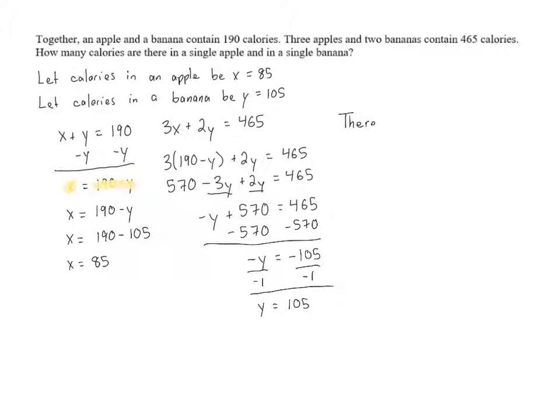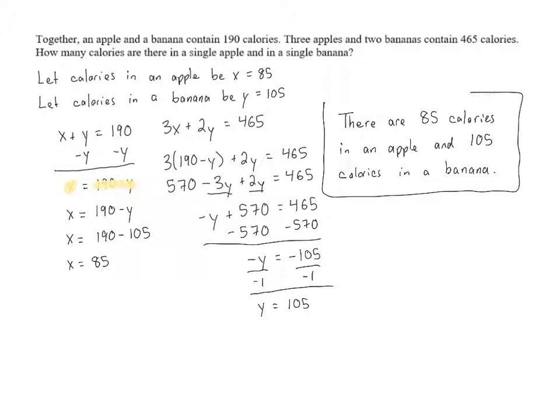We can say there are 85 calories in an apple and 105 calories in a banana. And that is our final answer.